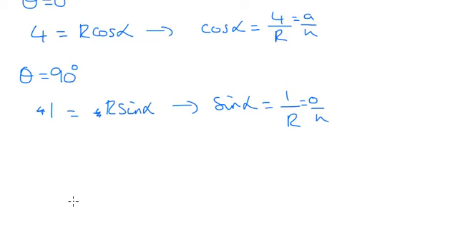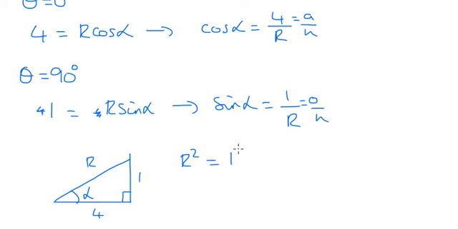So if I draw a right angle triangle, then 4 is my adjacent, 1 is my opposite, and r is my hypotenuse, and therefore r is going to be, using Pythagoras, the root of 1 squared plus 4 squared, so that's root 17 for r.